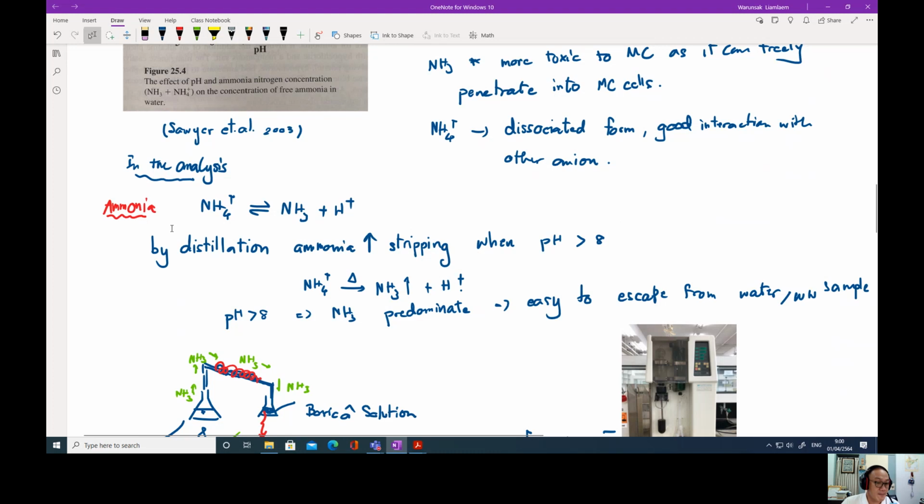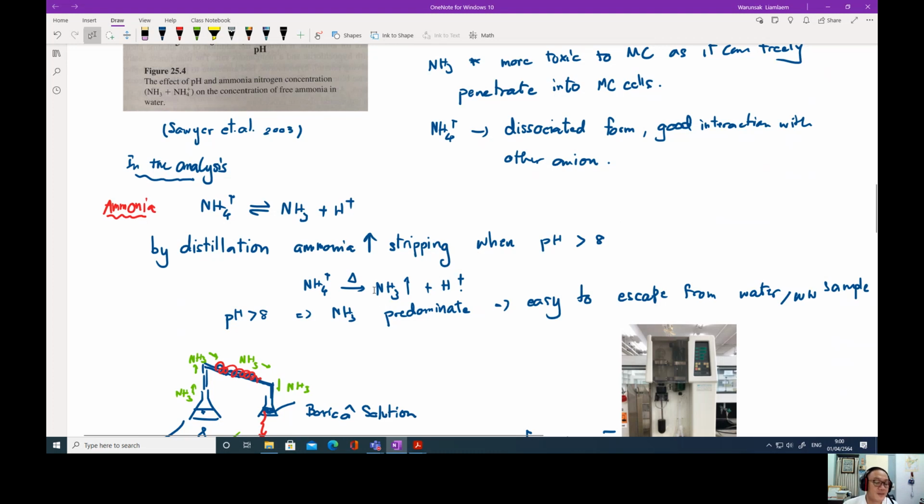In the measurement of ammonia, normally we can measure it directly by using distillation techniques. Under higher temperatures, the ammonia will be stripped or escape from water. That is why we can use the distillation process to separate the ammonia from water.